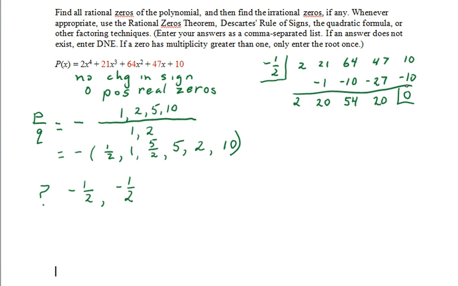So 0 is the remainder, and -1/2 is one of the rational zeros. We're asked to list the rational and the irrational zeros separately.